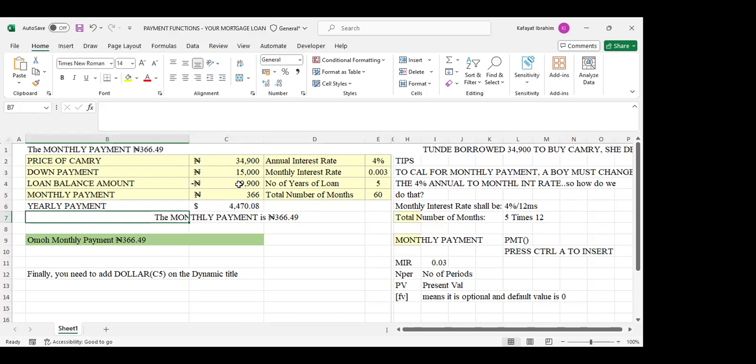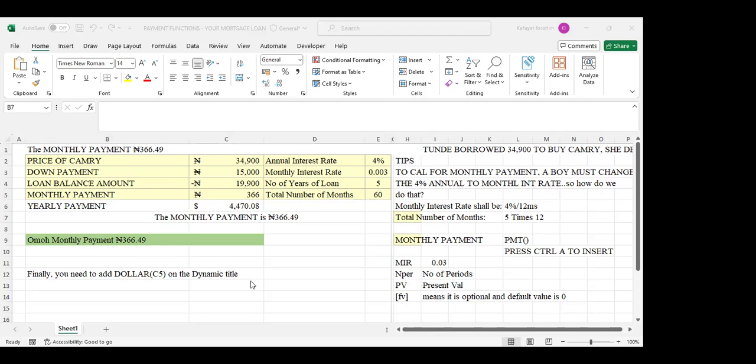What if the duration is based on quarterly? How do we input the duration in the formula of the PMT? Okay, you said quarterly, right? If the payment is quarterly, we need how many quarters this person is going to be paying.